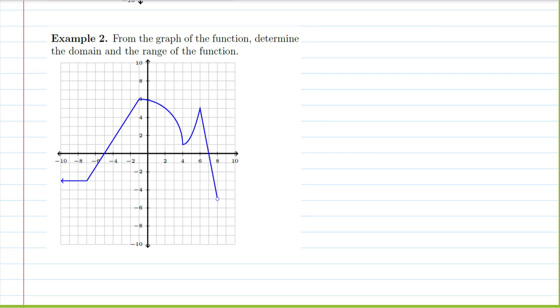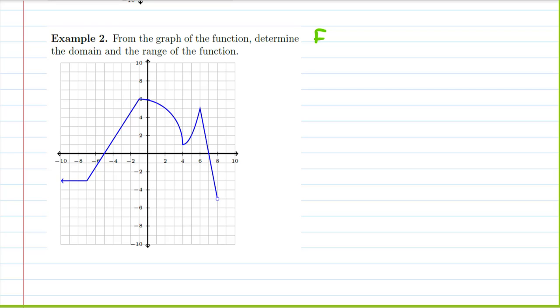All right, so for example 2, we want to use from the graph of the function, we want to determine the domain and the range. So when we look at this same thing, domain and range, we may want to remember we had the following.